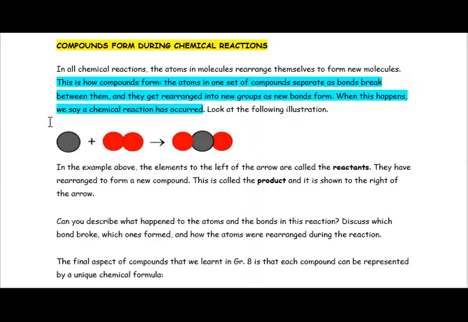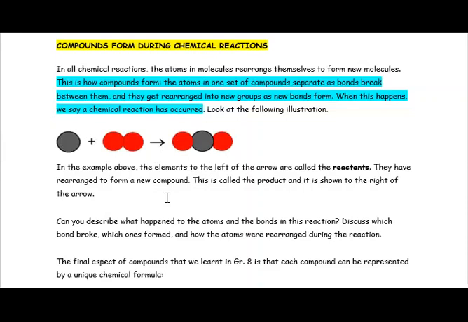So we see that in the product over here, the product is basically what is formed at the end of your reaction. We have carbon, which was initially on the side here, that goes in the middle. And then we have these 2 oxygen atoms which split from one another and went on either side of the carbon atom.